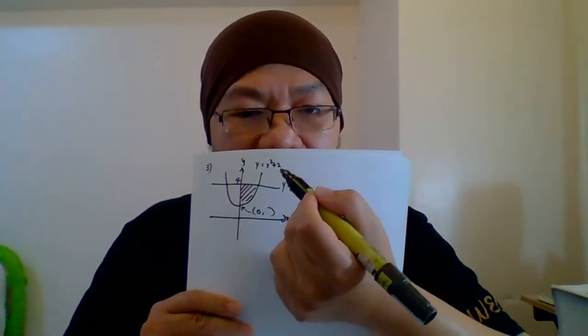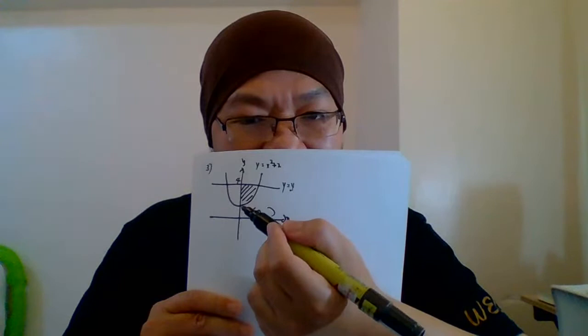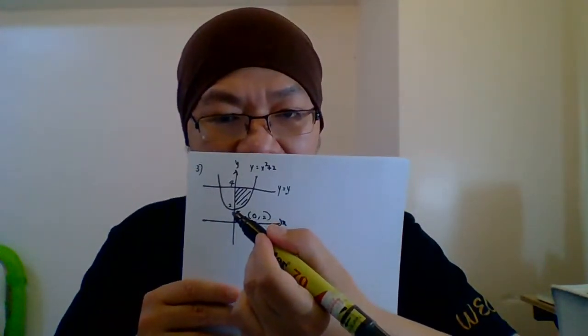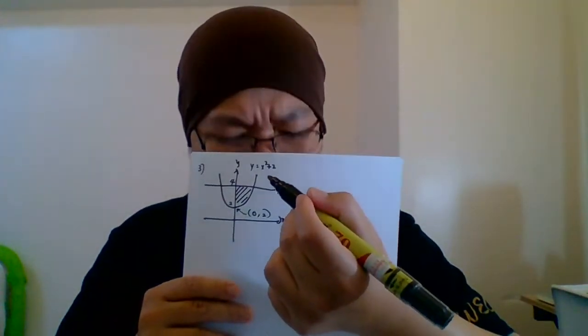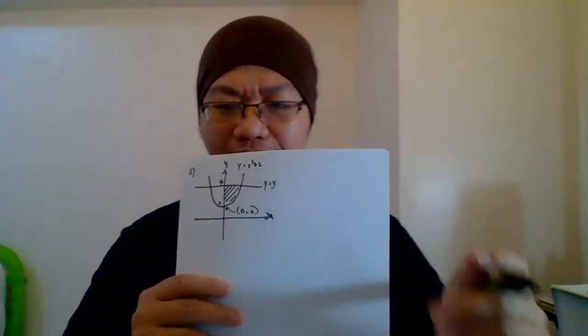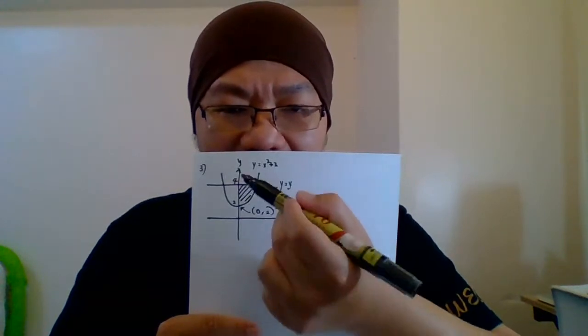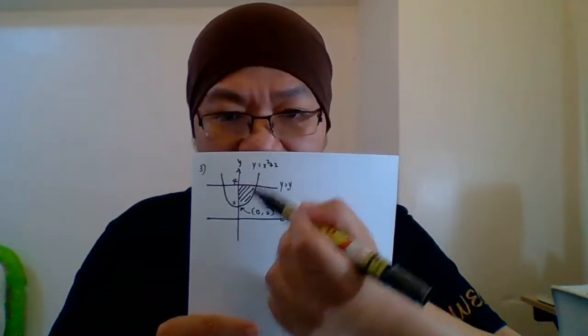So 0 squared plus 2. So automatically we know that this value is 2. So the least value is 2. So the coordinate of this limit is 2. You can look directly from here. Alhamdulillah. Okay. So now 2 dan 4 adalah kita punya limit of the curve.